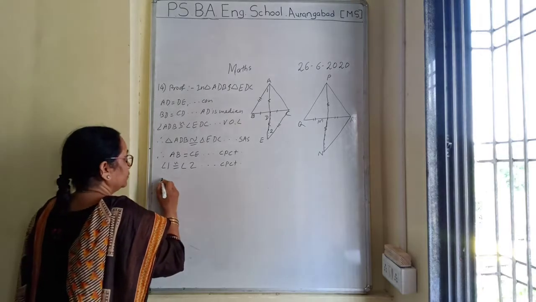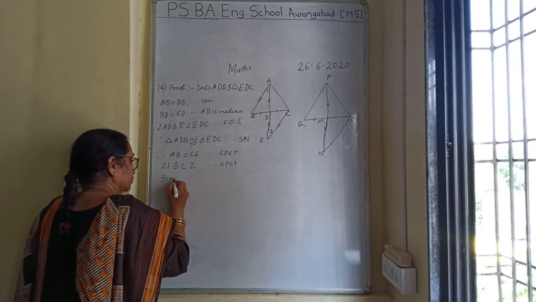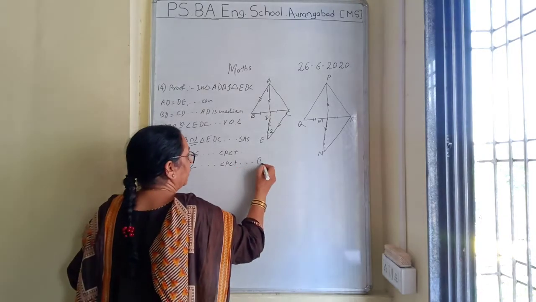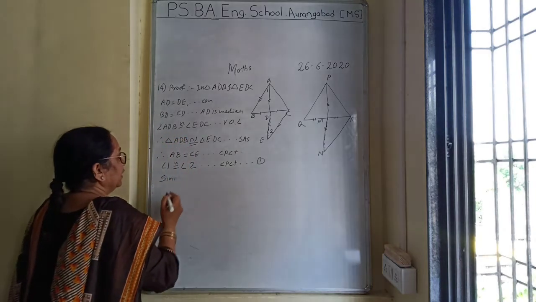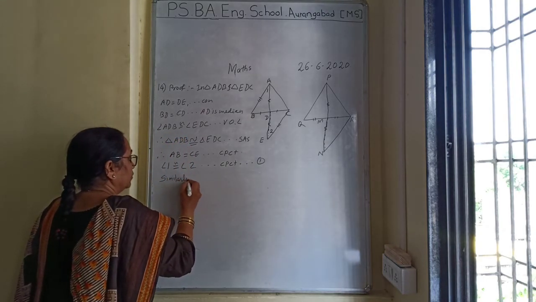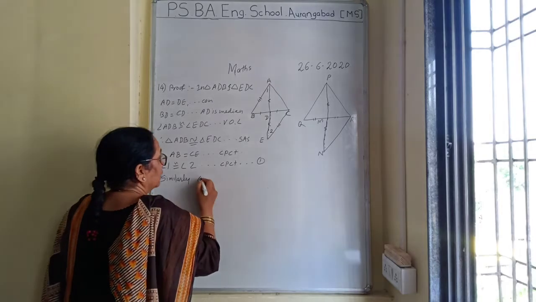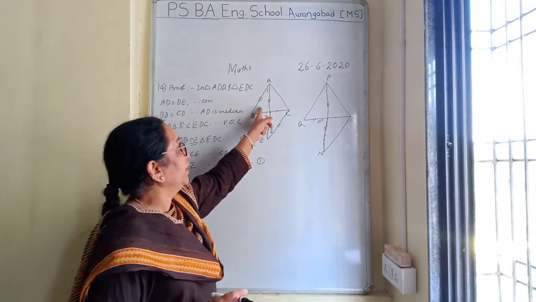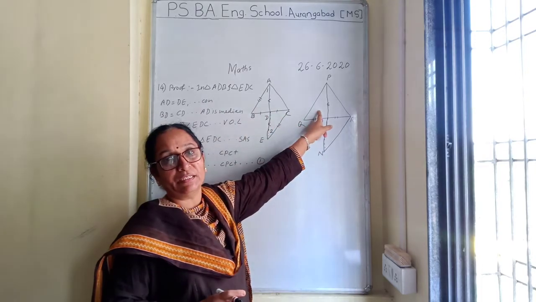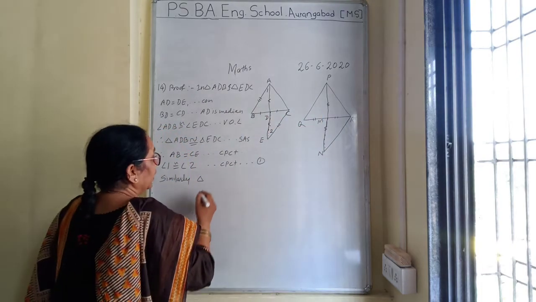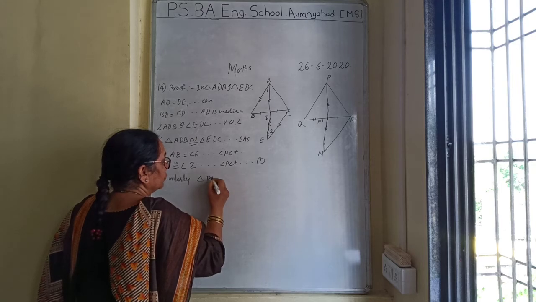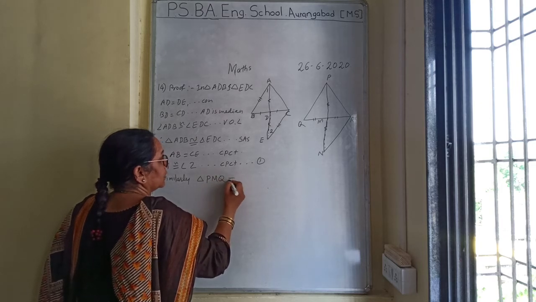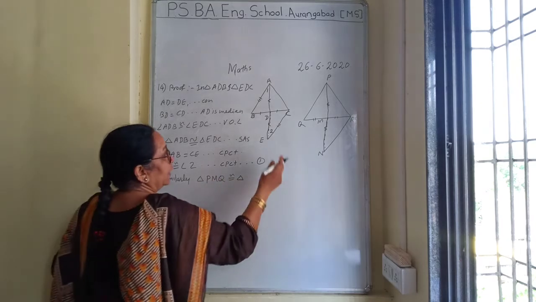Similarly, this will be statement number 1. Similarly, triangle, no need to write again, children. When we have proved it once, similarly you can write. So similarly, triangle PMQ is congruent with triangle NMR.